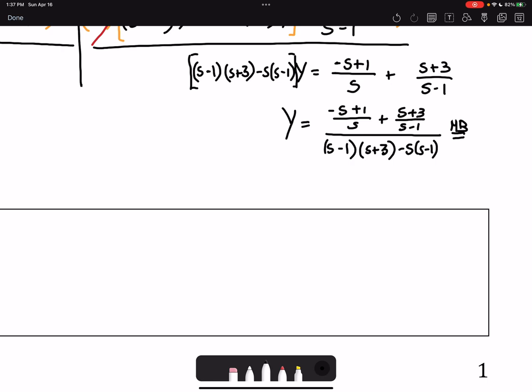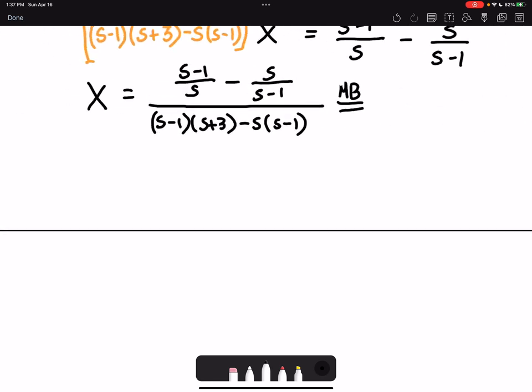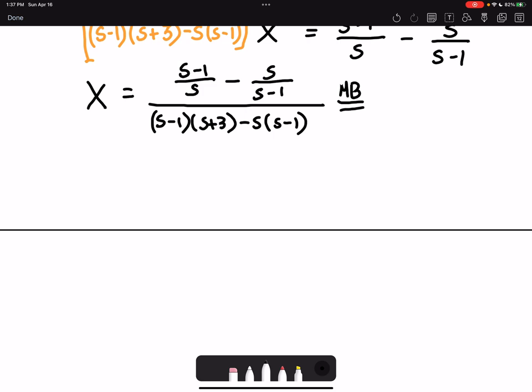So let's see. S minus 1 over S, let's see if I wrote it right. So here I have S minus 1 over 2. No, it should be S minus 1 over S. So S minus 1 over S minus S over S minus 1, and then these two close together.